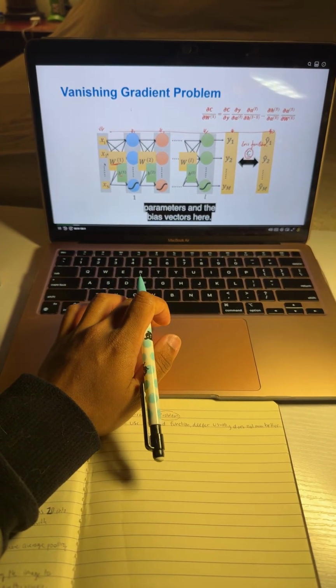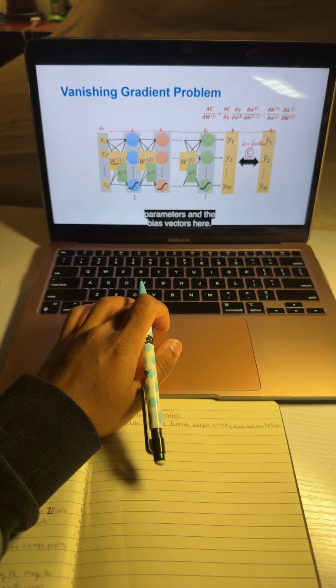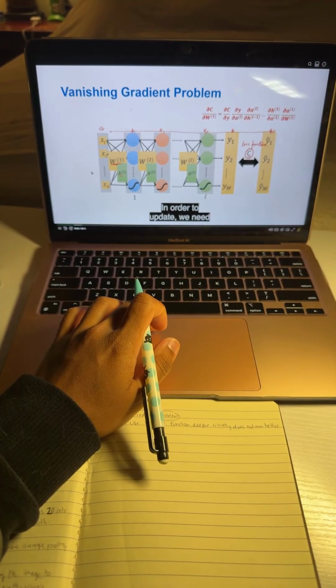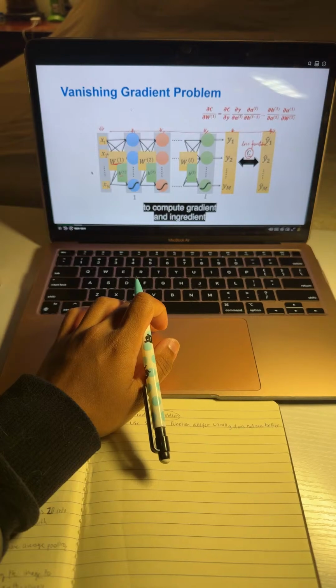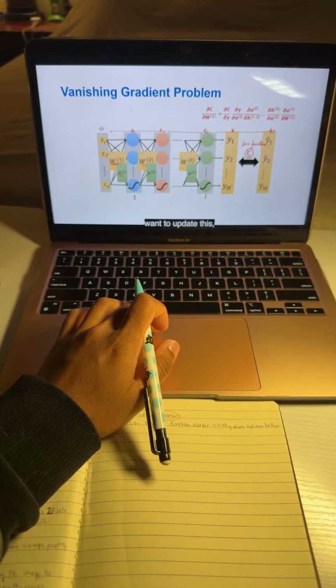the bias vectors. So here, in order to update those, we need to compute a gradient, and a gradient involves the partial derivative of the loss function with respect to each weight and each bias. So now let's think about, suppose we want to update this weight. Following the negative gradient direction, first of all, we need to have that derivative.